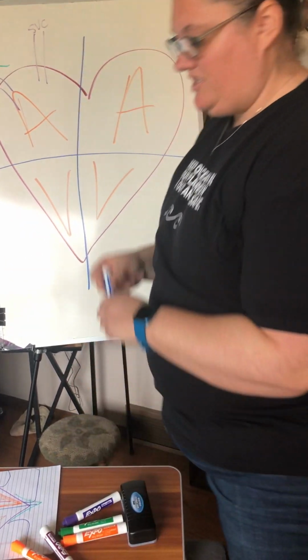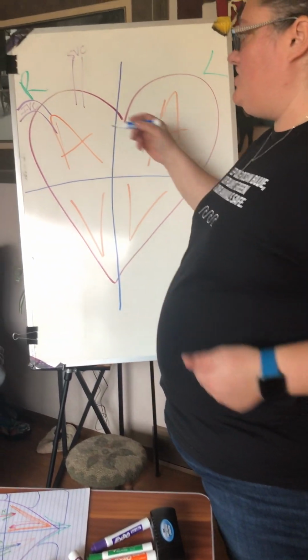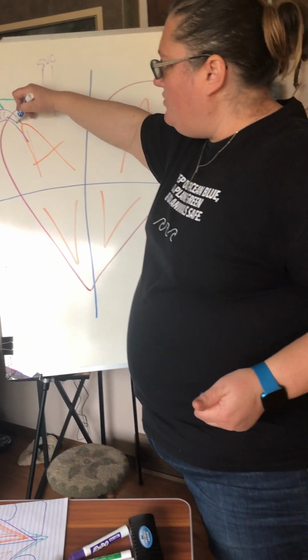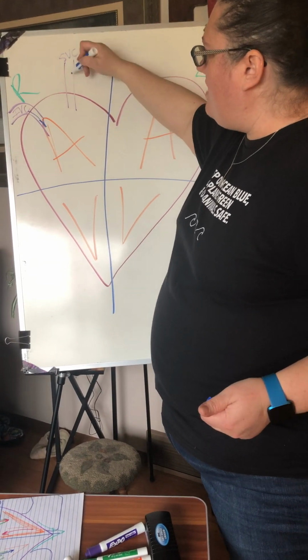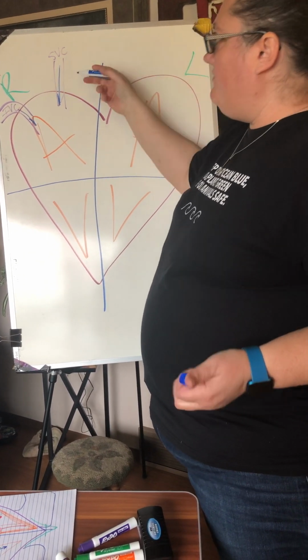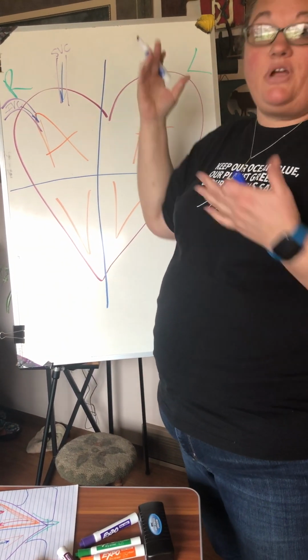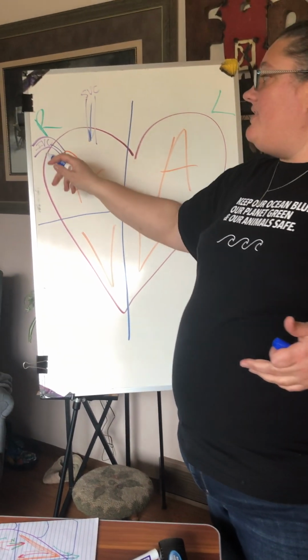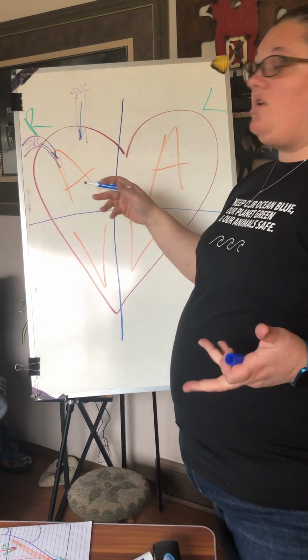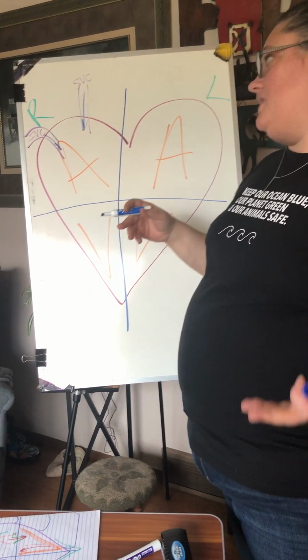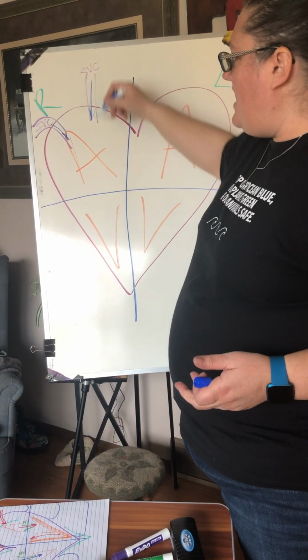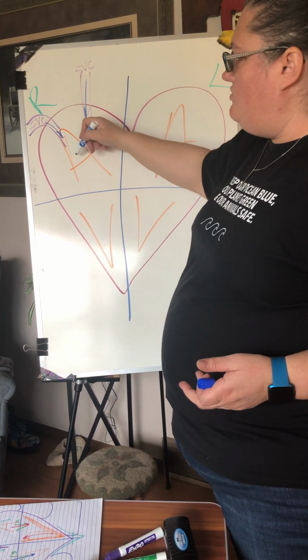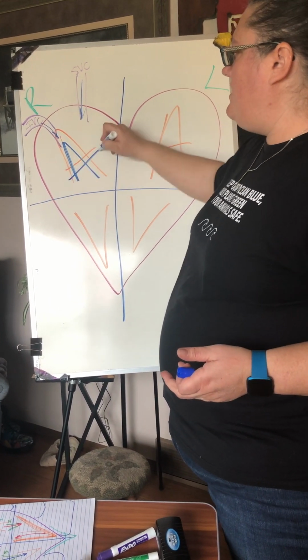So I am going to denote the deoxygenated blood with the blue marker. So here it is coming in. The superior vena cava is also called the cranial vena cava, and the inferior vena cava could also be the caudal vena cava. And it brings deoxygenated blood into the right atrium.